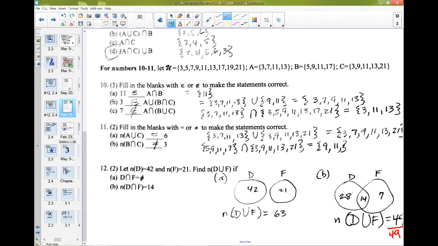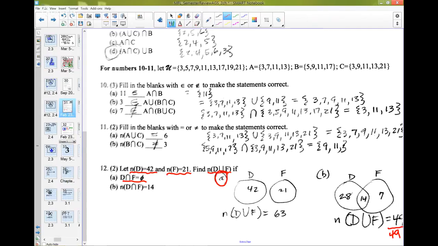All right. So it says, let the number of elements in set D be 42, and let the number in set F be 21. And then it says, find the number in the union if they intersect in nothing. For part A, they intersect in nothing. So you see how in part A, and Susan, it kind of relates to your questions.